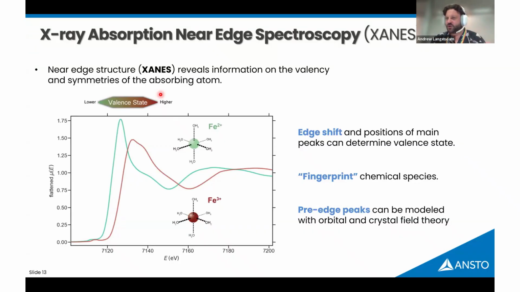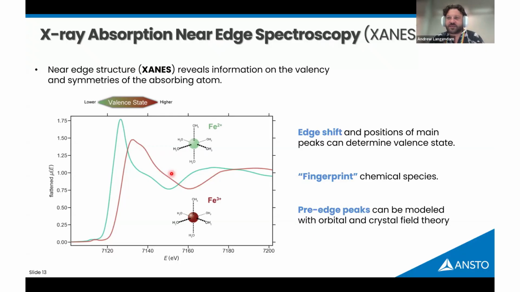I said very early on, when I was talking about X-ray fluorescence, that there's a component of how X-rays are absorbed by atoms, which is controlled by the ionic charge and the bonding environment of that atom. And that's essentially being controlled by the density of the electron cloud and how bound those electrons are to the host atom or the host nucleus. In iron, this means that you get different emission spectra from iron 2 versus iron 3.